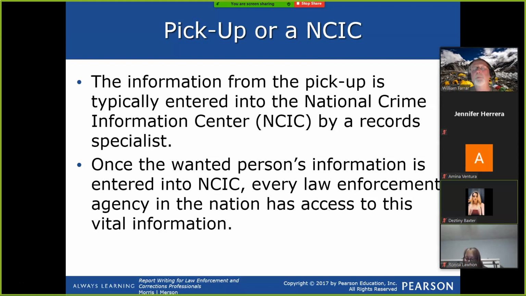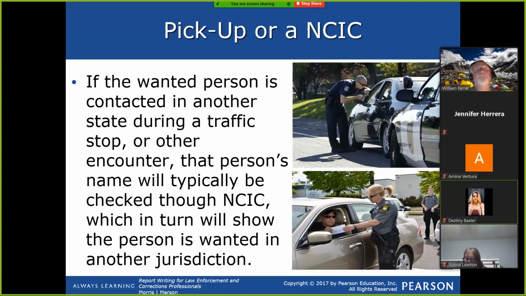That's important because if they're wanted for murder in Virginia and there's an NCIC warrant out for them, if we run them here in California, we will get that information. It's a database that connects all agencies, which is actually pretty cool.